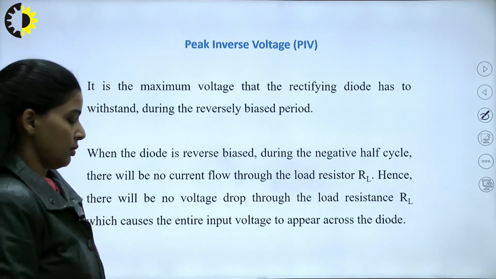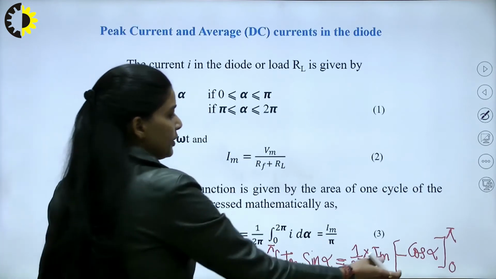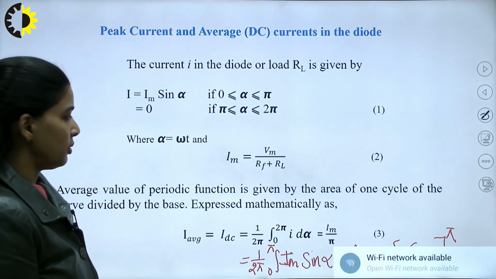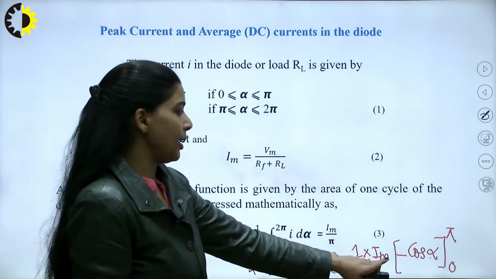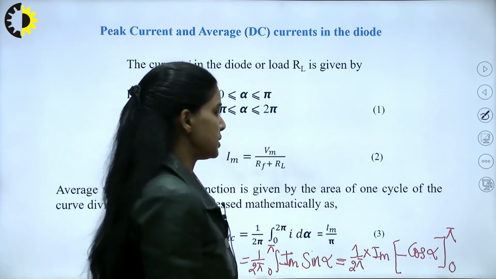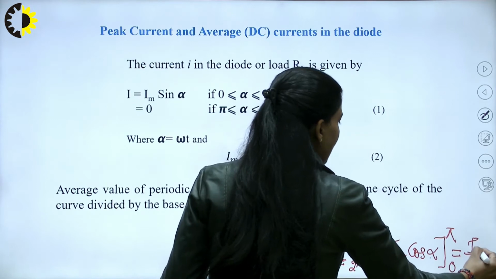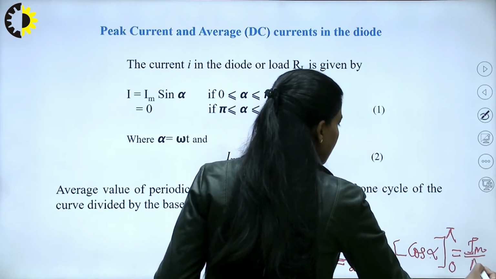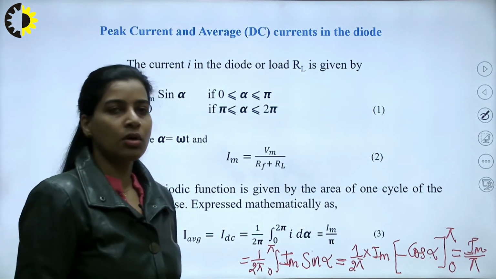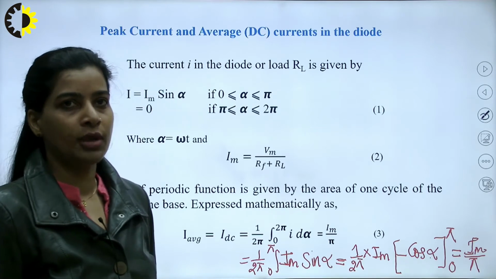When we put in the values of cos alpha, we get 1 upon 2 pi Im times minus cos pi minus cos 0, and simplifying this we get Im upon pi. So, this is the average value or the DC value of current flowing through the half wave rectifier.